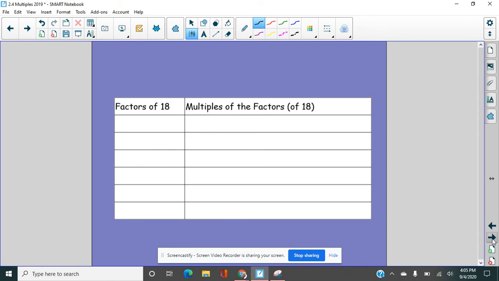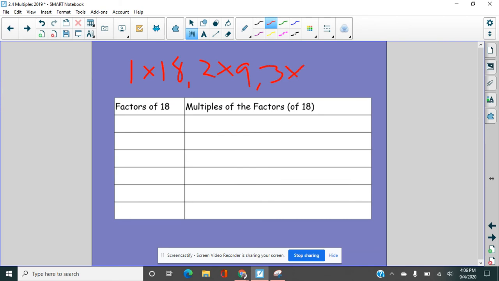So factors of 18. Well, I'm going to start you off. 1 times 18. Let's see, can we do 2? Yes, we can do 2. 2 times 9. Can we use the number 3? Can we multiply 3 times something to get 18? Yep, right? 3 times 6.